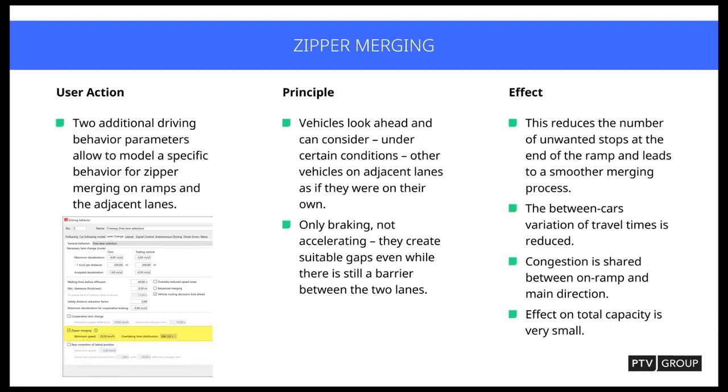Second, drivers only do zipper merging when they are within the lane change distance, and that is a distribution. So one driver may be ready to do zipper merging, another driver is not, and that can already produce some hassle. The minimum speed is the same for all drivers who have the same driving behavior.